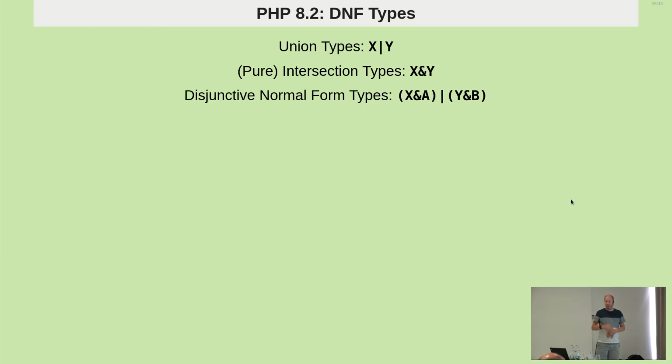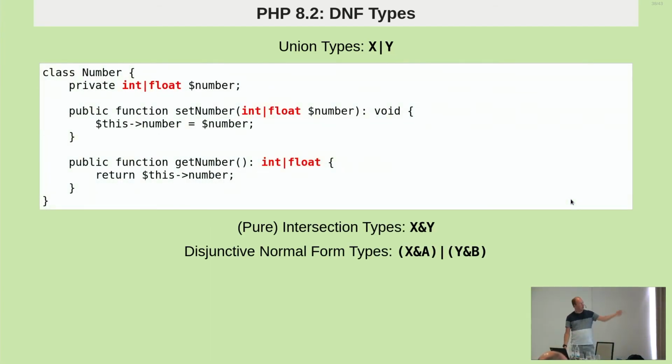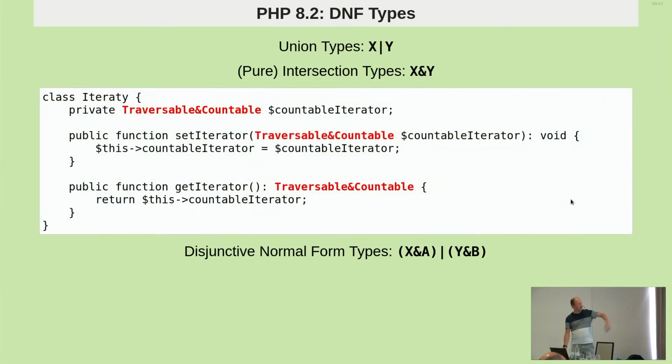Okay, to add on the complexity of more complicated types. In PHP 8.0 we got our union types, for example int or float from earlier. We got pure intersection types in PHP 8.1. And it says pure intersection types because otherwise you could also use the or sign in between, and that was too complicated.